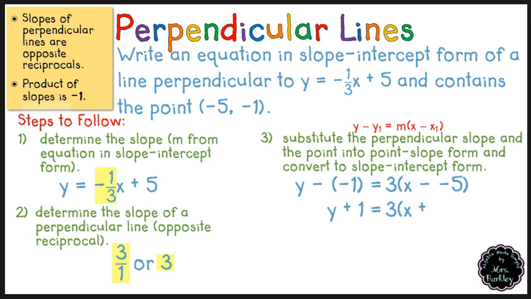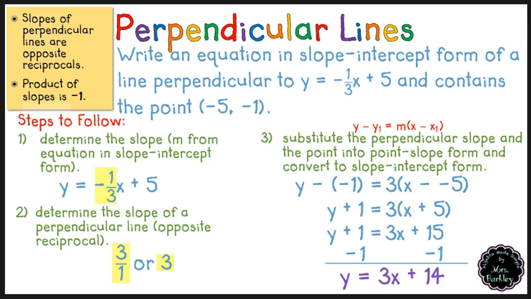We could also write that as y plus 1 equals 3, in parentheses x plus 5, eliminating that double negative. We then distribute the 3 to both terms in the parentheses. So our equation would be y plus 1 equals 3x plus 15. We subtract 1 from both sides, and our equation would be y equals 3x plus 14.